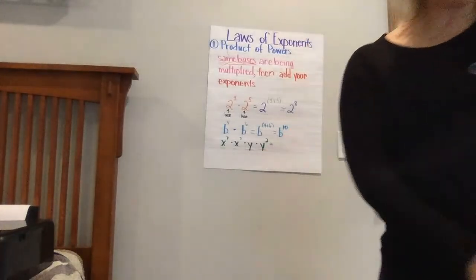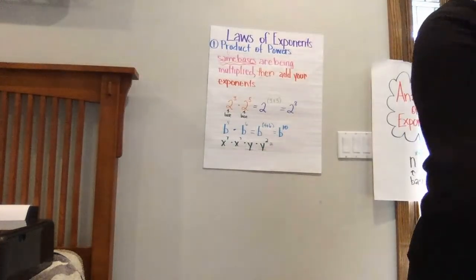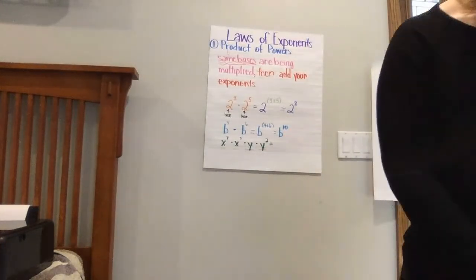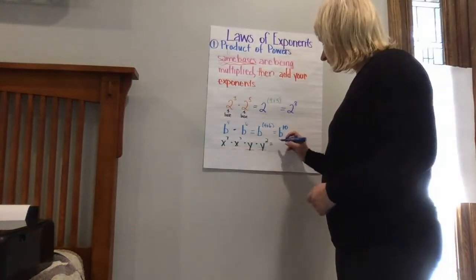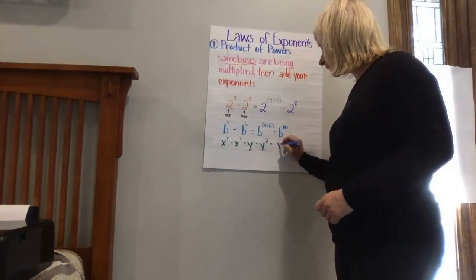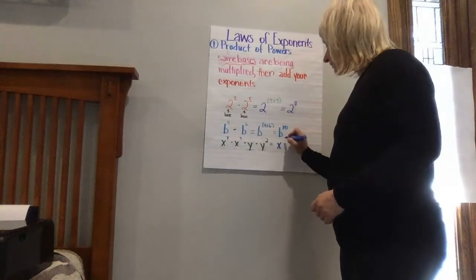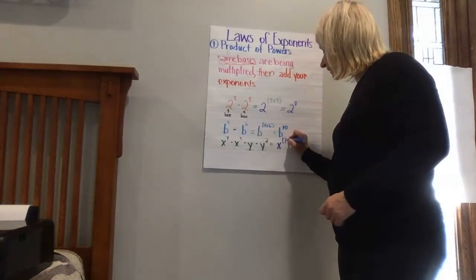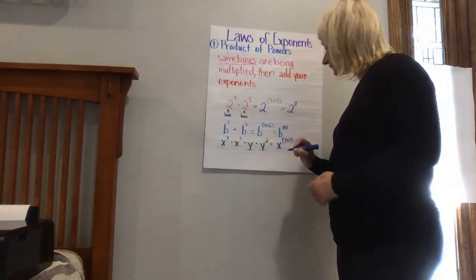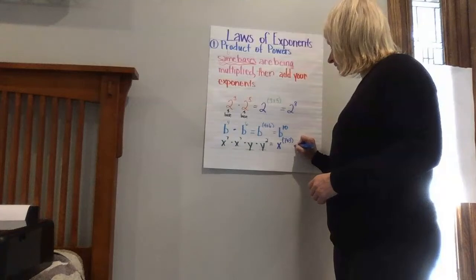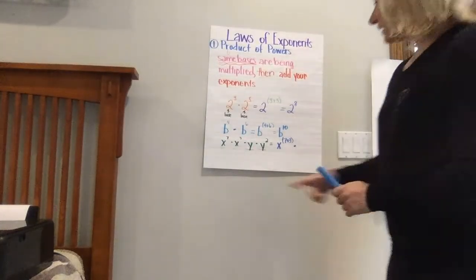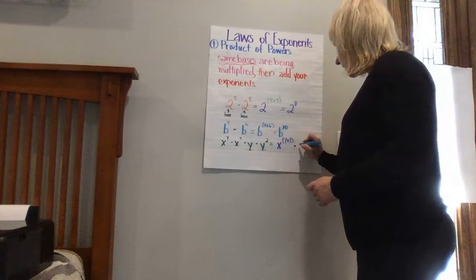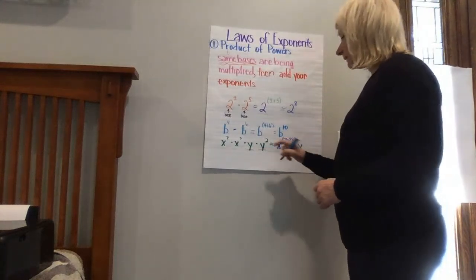When I simplify that, I want to add the exponents of the same bases. So x and x, we're going to have an x here. Their exponents are 7 and 3, so I'm going to add 7 plus 3. This is still times. We haven't changed the operation. Now I have another variable, y.